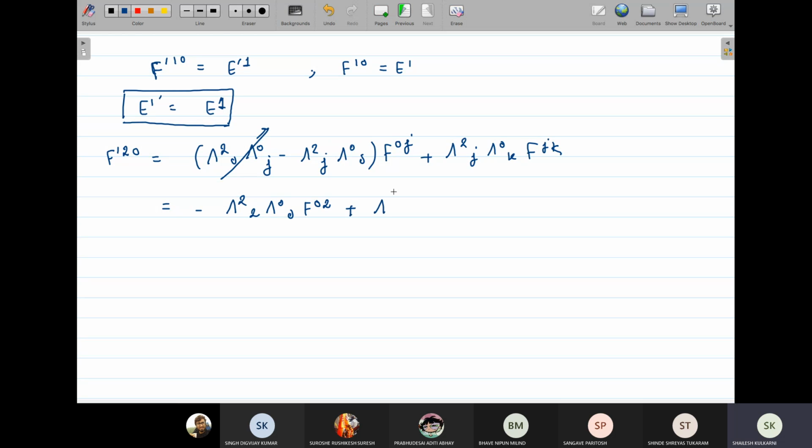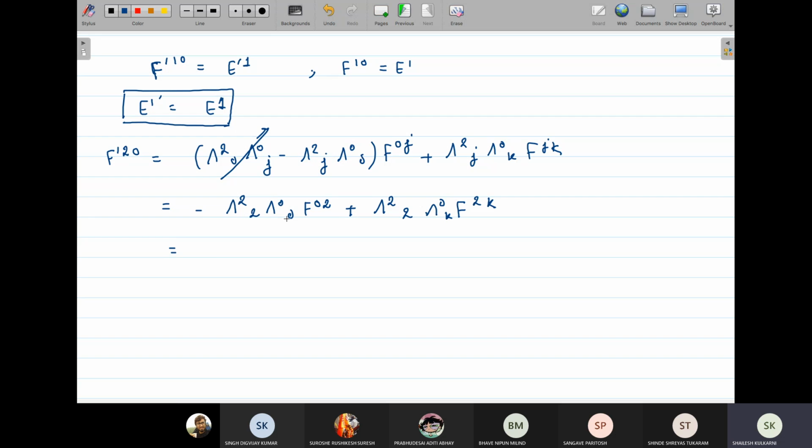Plus lambda 2j, the same argument holds here. J has to be 2. If j has to be 2, then k has to be 3 or 1. So this is equal to lambda 22 is 1, lambda 00 is gamma.